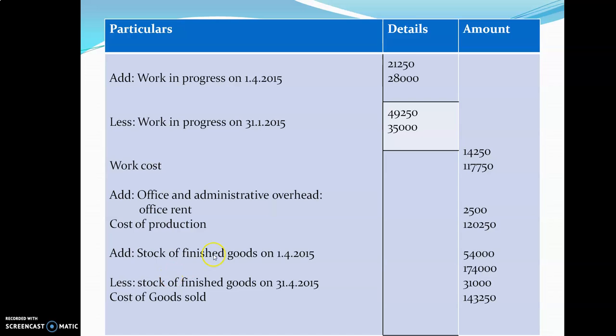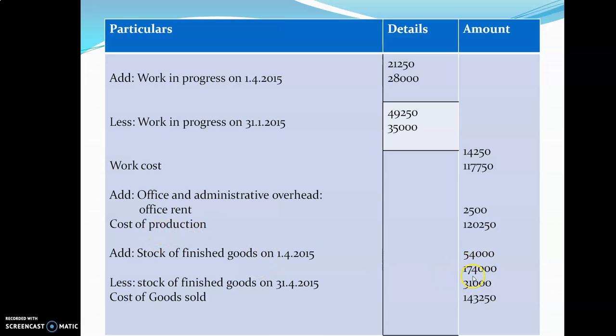Okay. Now there will come finished goods. So opening stock of finished goods is always added with cost of production. If it is not there, then after cost of production, we directly add selling and distribution overhead. But since in this question, these two are there, so we have to add the opening stock of finished goods with cost of production.